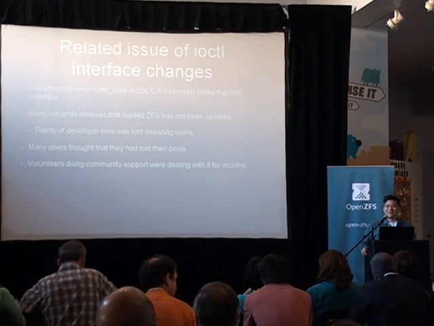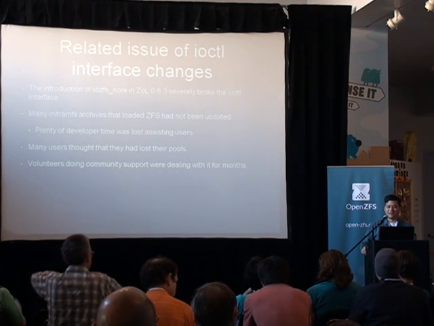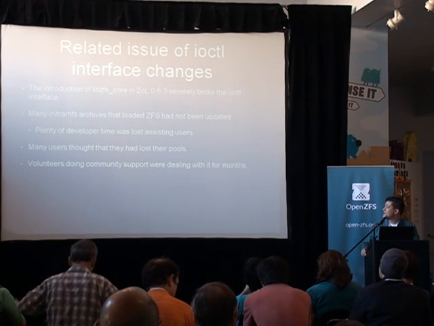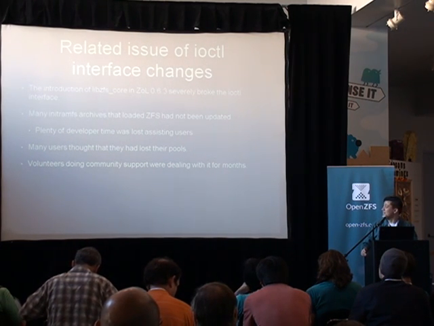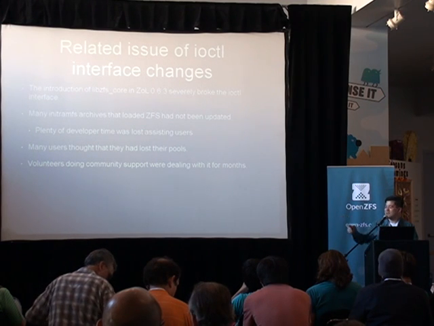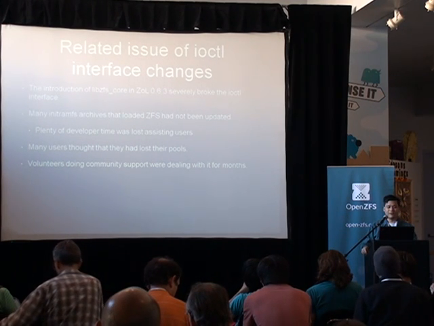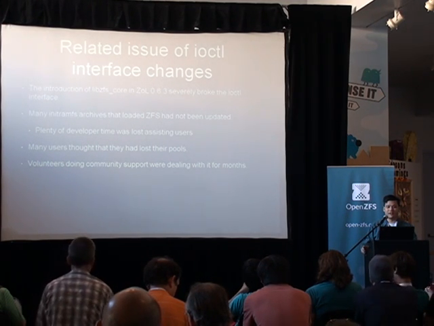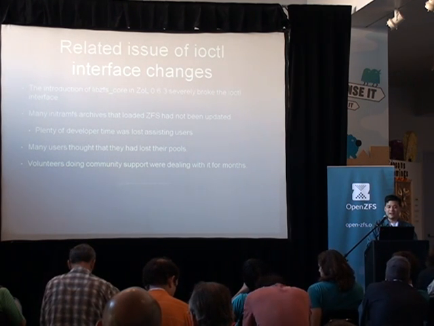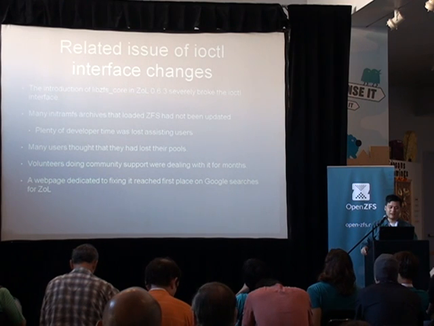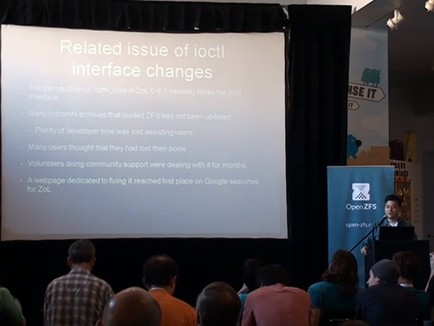They were easy enough for me to fix, but they weren't so easy for users to fix. I lost quite a bit of development time helping users fix their systems. They were also rather upset. Some people thought they lost data. There was a big strain on the volunteers and community giving support. And this lasted for months. We also have a web page dedicated to fixing that.